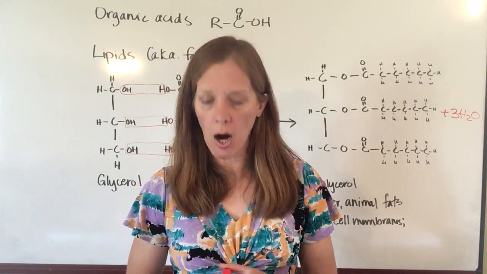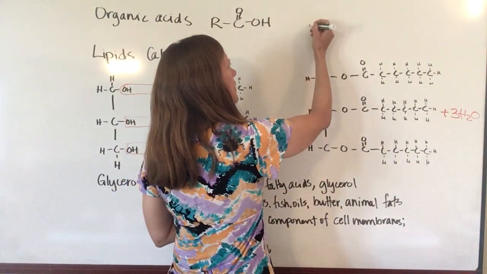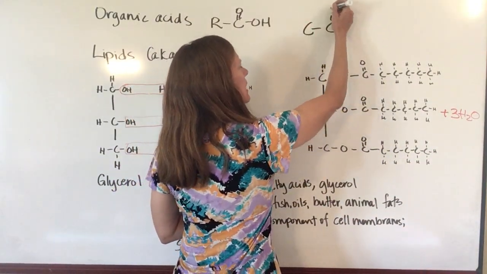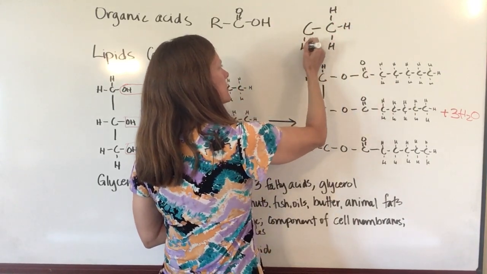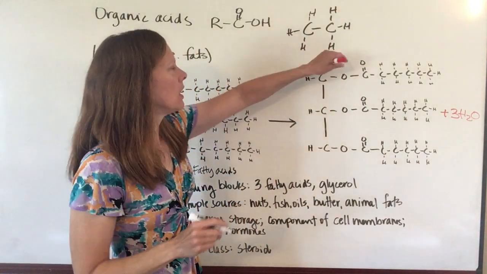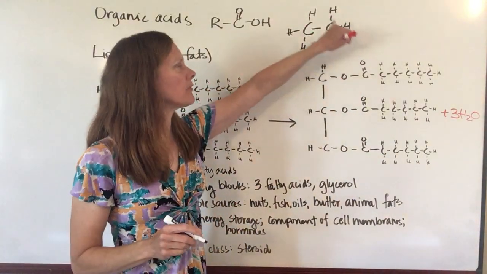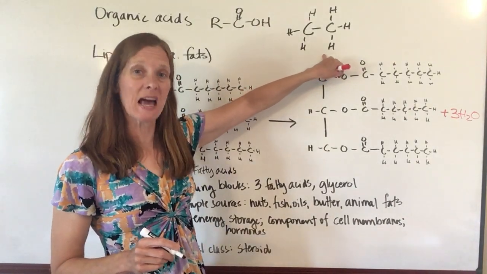And so if a carbon is saturated with hydrogen, so like in something like this, if I just have two carbons, and I have the maximum number of hydrogens around it that I can possibly get, this would be considered saturated.